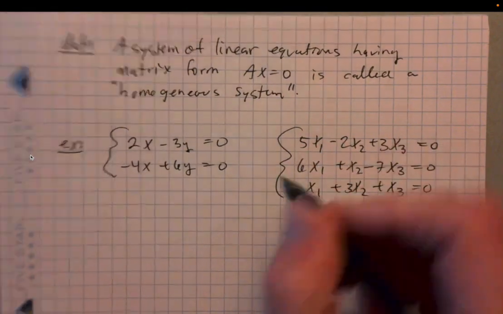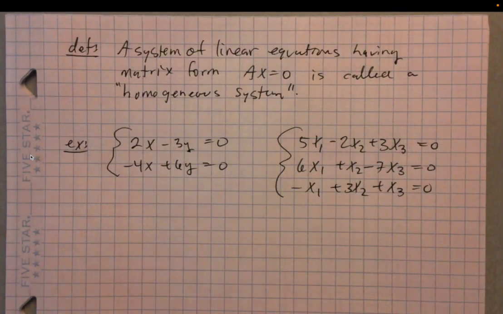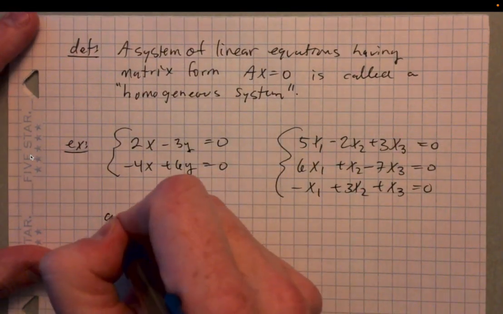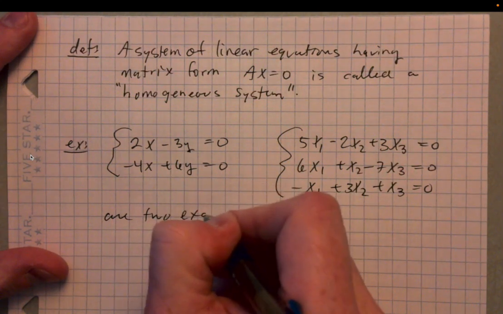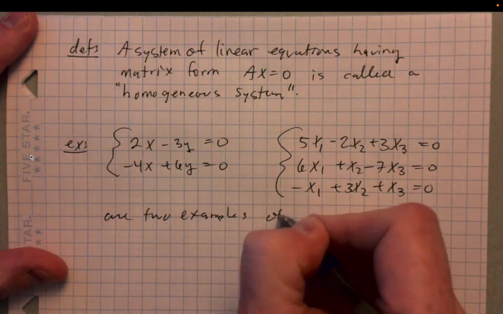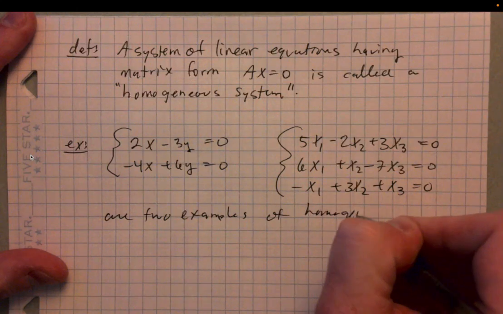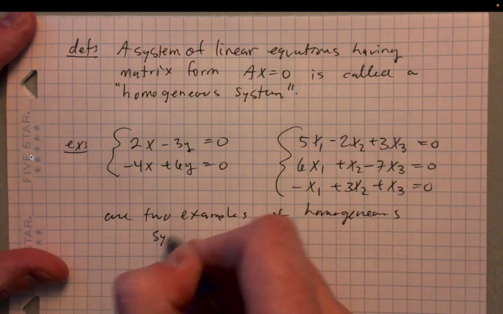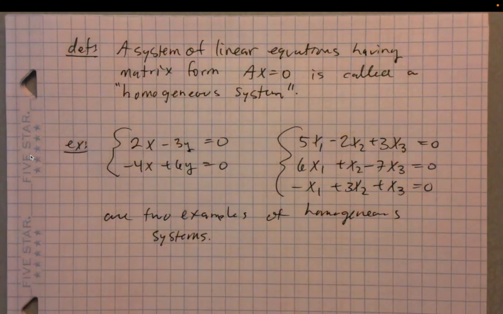This is another example. So these are 2 examples of homogeneous systems.